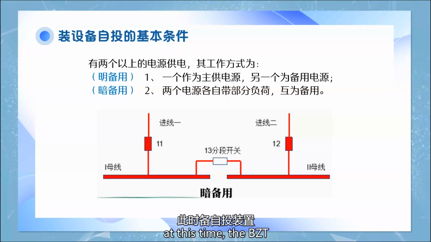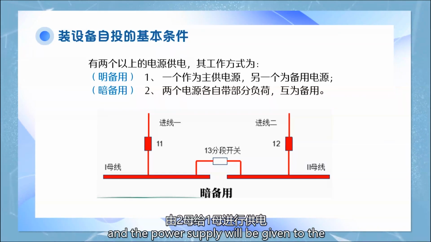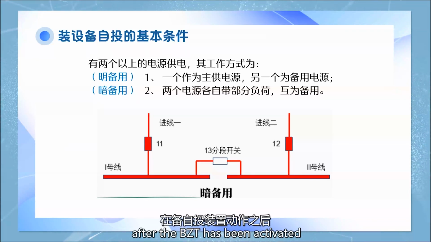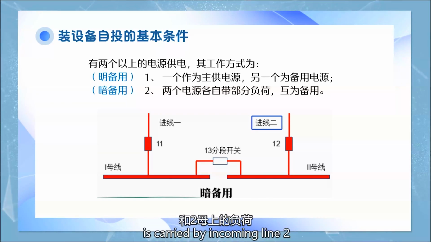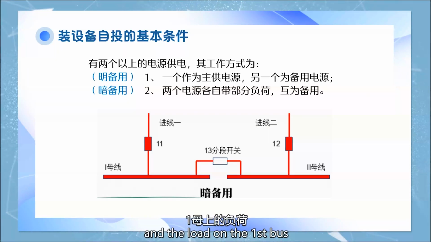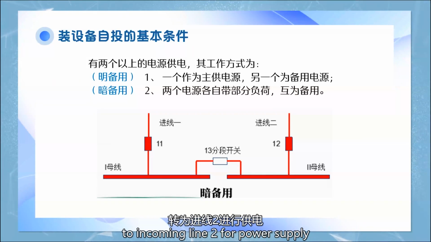At this time, the BZT will close section circuit breaker number 13, and the power supply will be given to the first bus from the second bus. After the BZT has been activated, the load on the first and second bus is carried by incoming line 2, and the load on the first bus is transferred from incoming line 1 to incoming line 2 for power supply.